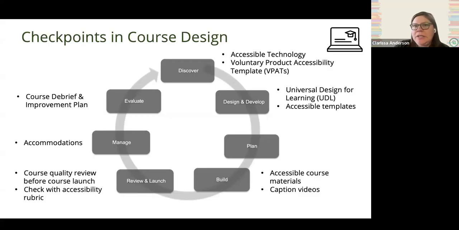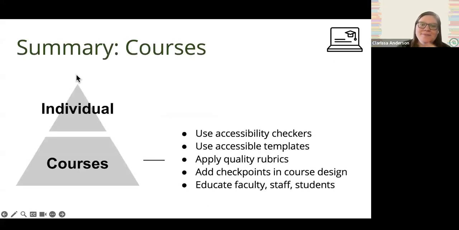Making sure that as we're building things like lectures and course materials, those are accessible. And then as we're teaching, is there anything else I could do to make my course more accessible? We don't want to wait until the last minute and say, oh no, my whole course is not accessible. Starting early is always better.